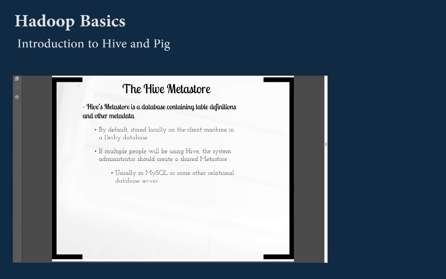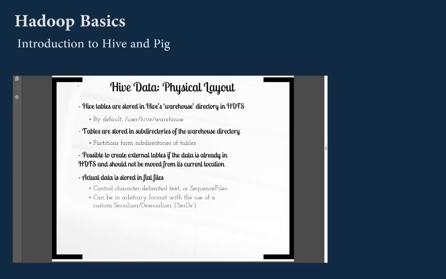Hive Metastore is a database that contains the table definitions, and in the next video, we are going to deal with Hive Metastore. Hive tables are typically stored in a warehouse. Again, the next video will get into a lot of details. You can also create external tables, with more details in the next video.